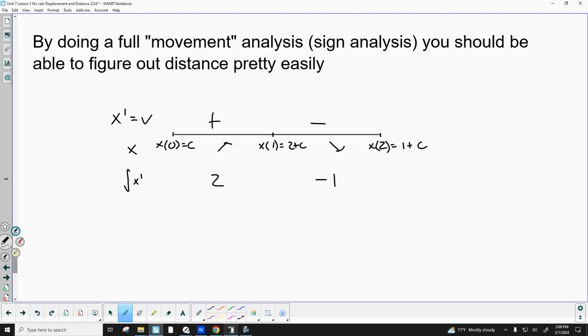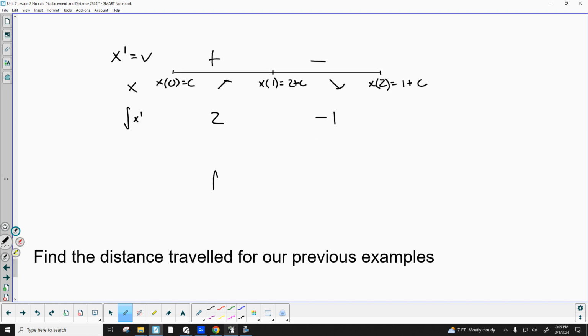Now, let's say I did a problem and I did a full movement analysis, just like many of you did on the quiz, like I asked you to do. When I asked you, hey guys, you can just look from 0 to 2 and plug this into your calculator and you get your answer 1.